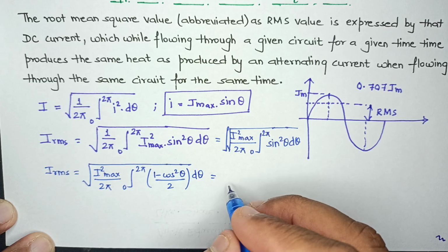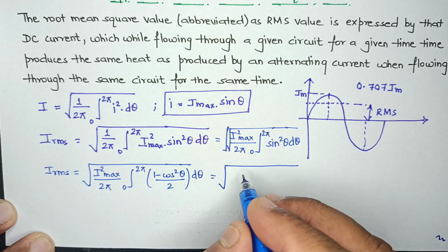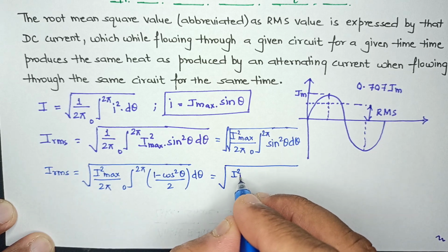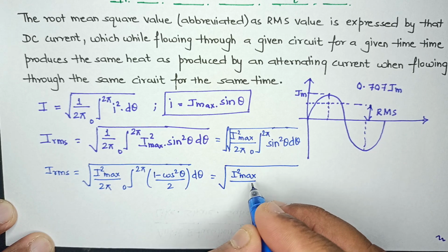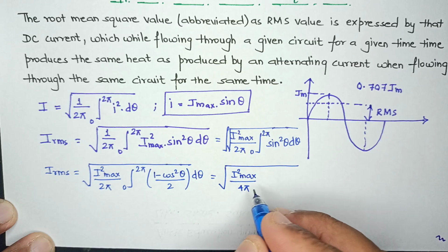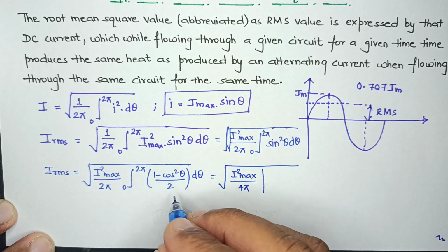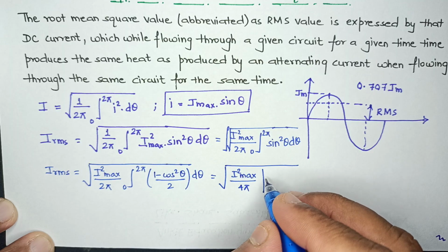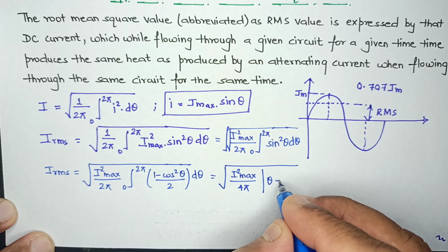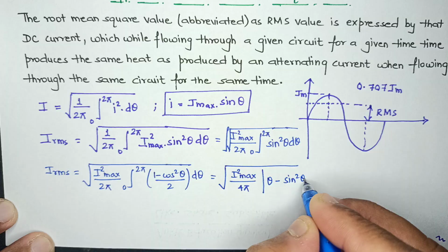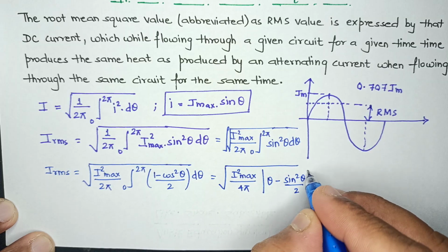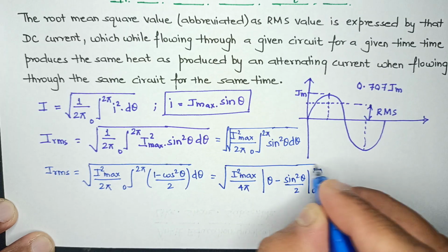This would be equal to the square root of Imax square divided by 4 pi, and when we substitute the upper and lower limits, we have theta minus sine 2 theta divided by 2, with the limit going from 0 to 2 pi.